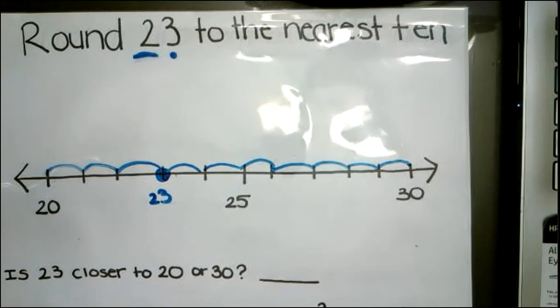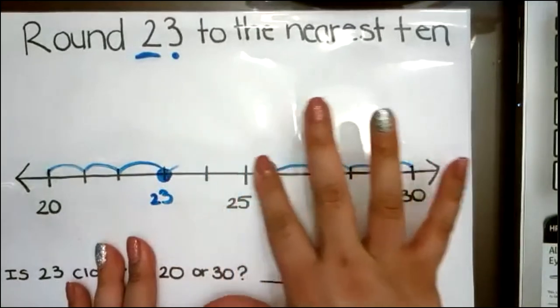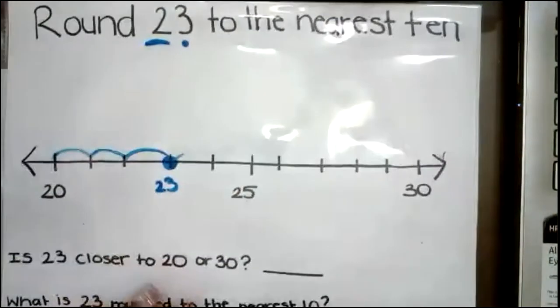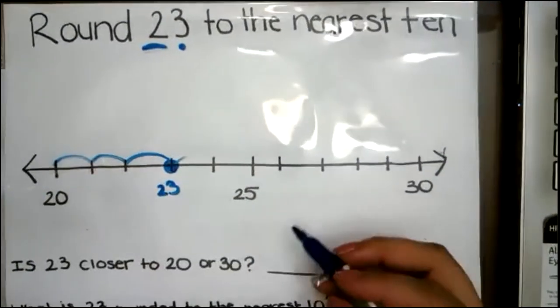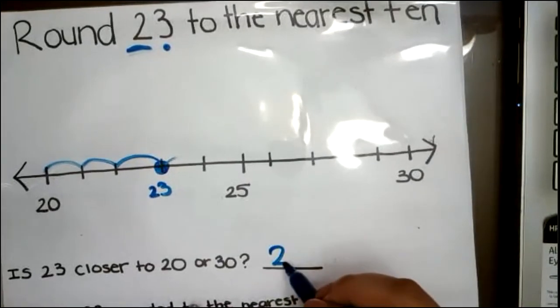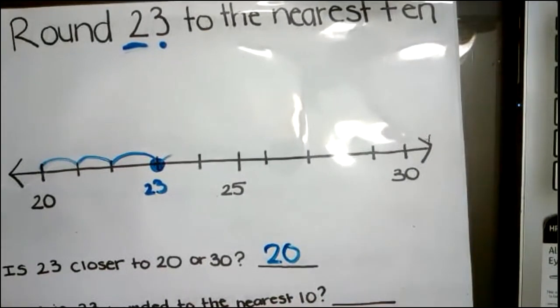So which 10 is closer to 23? Is it 20 or is it 30? It is 20 because it was only 3 hops to get to 20. So 23 is closer to 20.